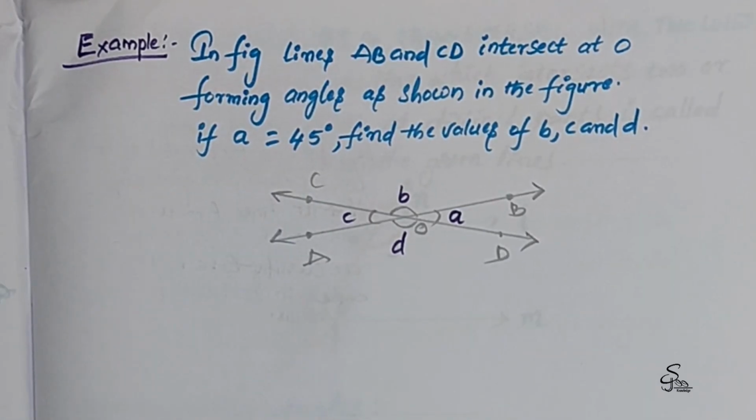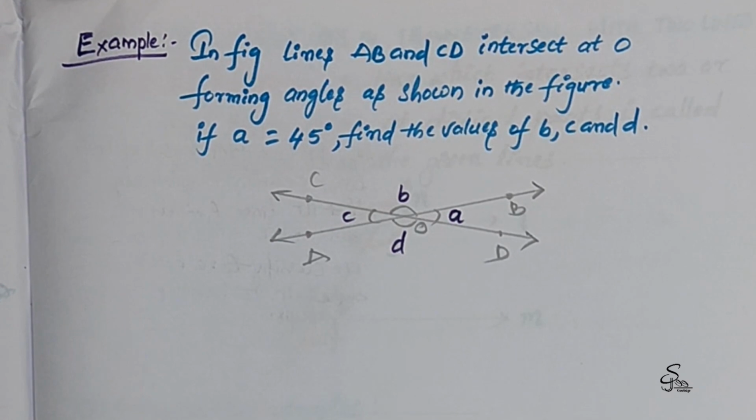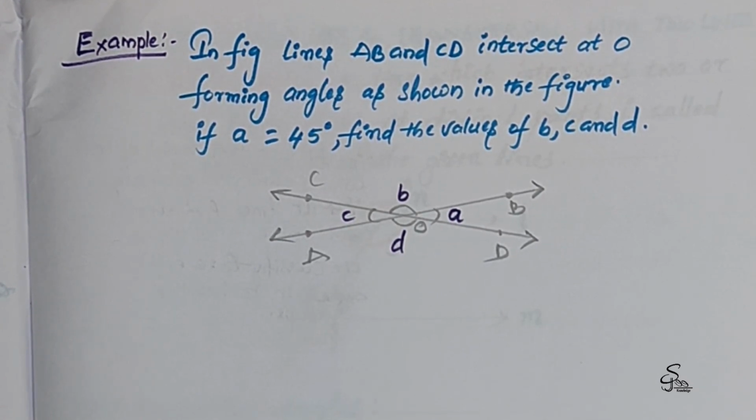One example: in the figure, lines AB and CD intersect at O, forming angles as shown.